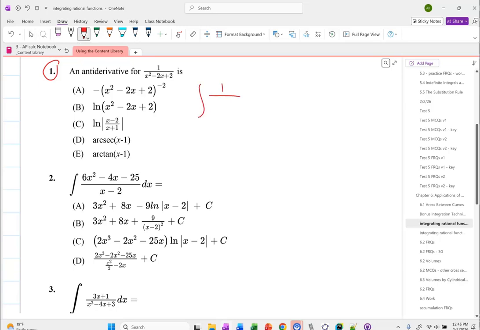So doing this by hand, this is a completing the square problem.